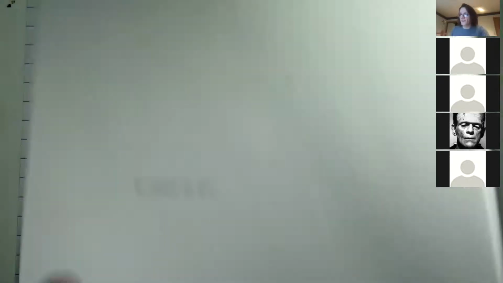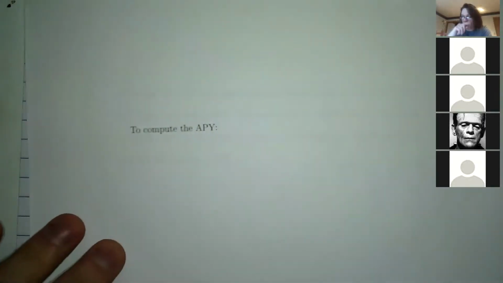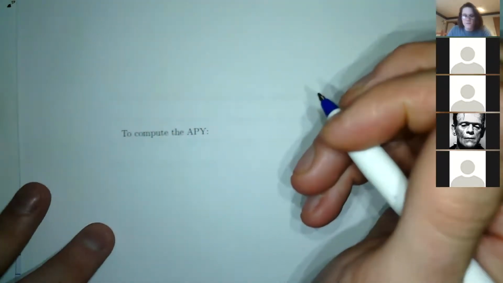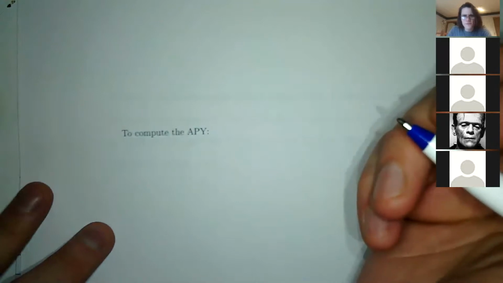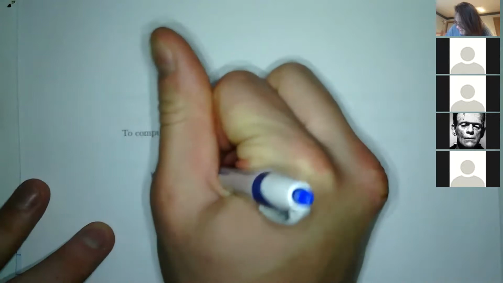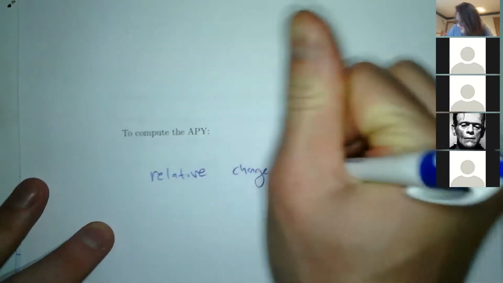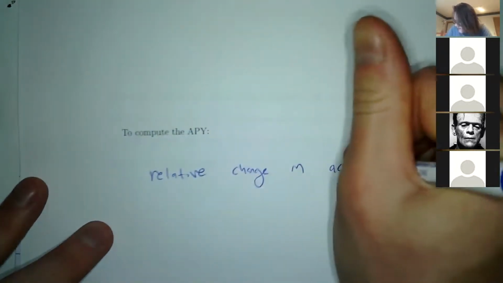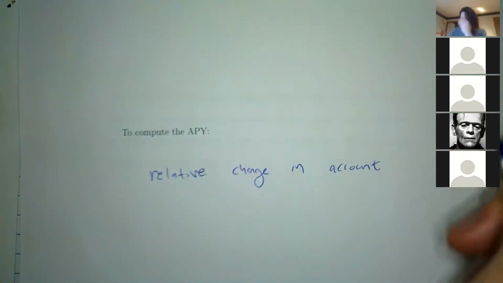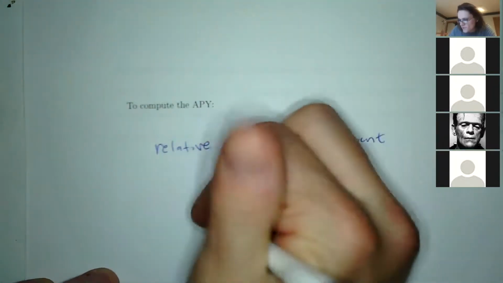So I already told you how to, I just computed the APY. So it's going to be basically the relative change in account. Right, so it's going to be the new amount.